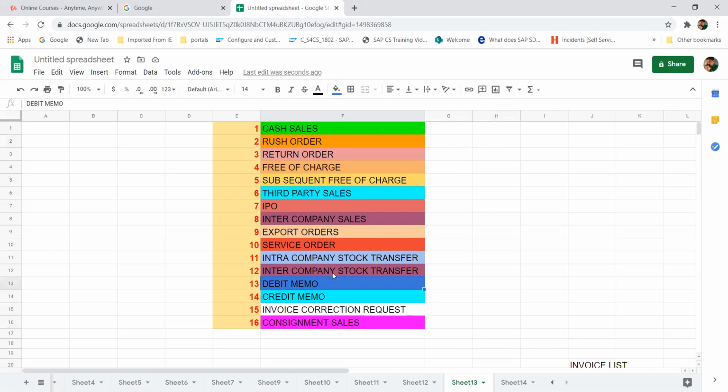which are very important for even SD. Sometimes it is required if you get an experienced or any other module consultant, FI side also. So you must know these processes because these are the most frequent standard end-to-end processes which are required for every client.